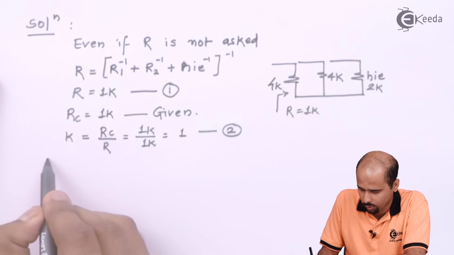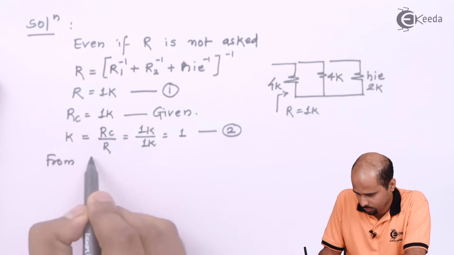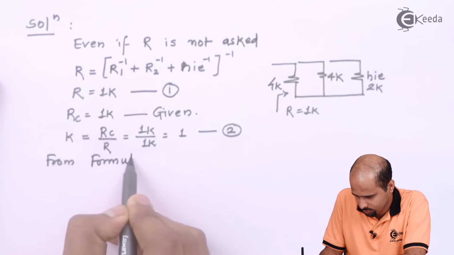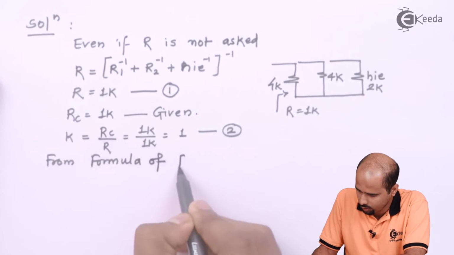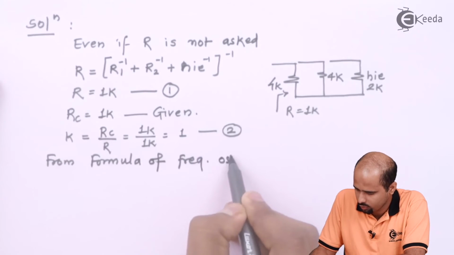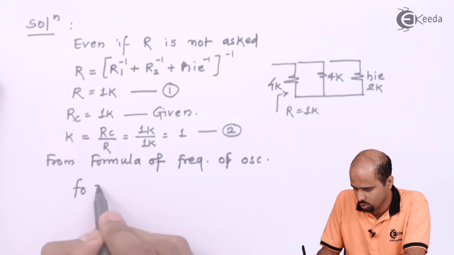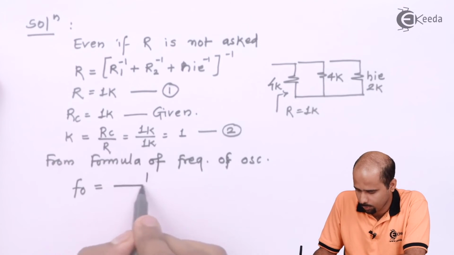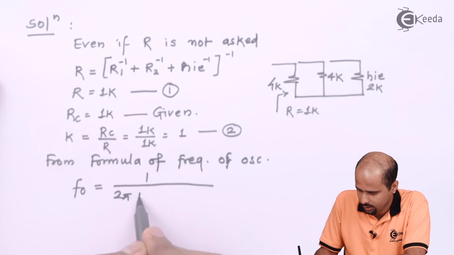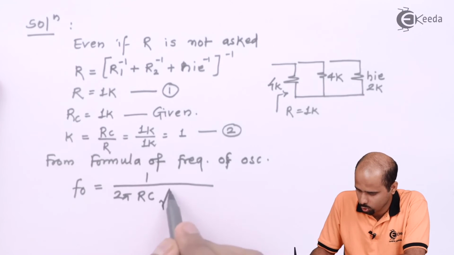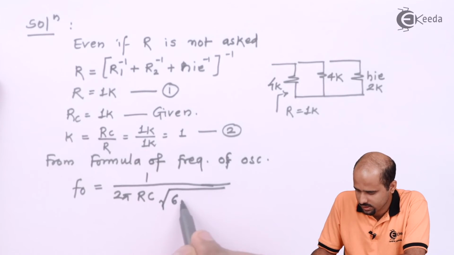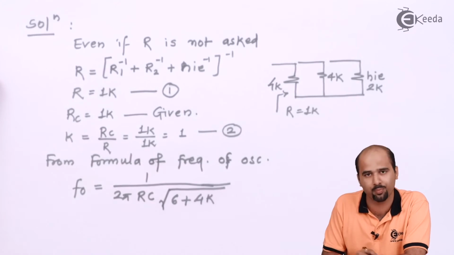Now, from the formula of frequency of oscillation, we write F0 is equal to 1 upon 2 pi RC under root of 6 plus 4K.